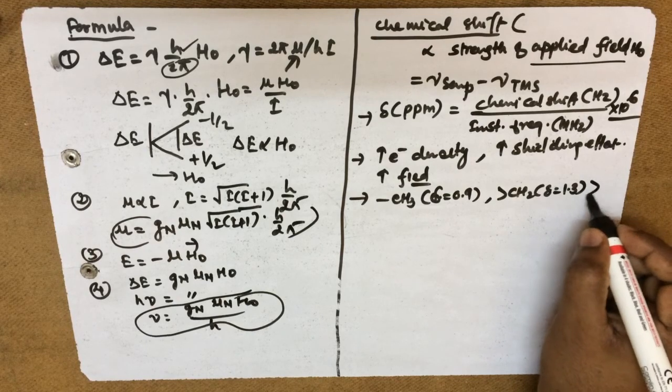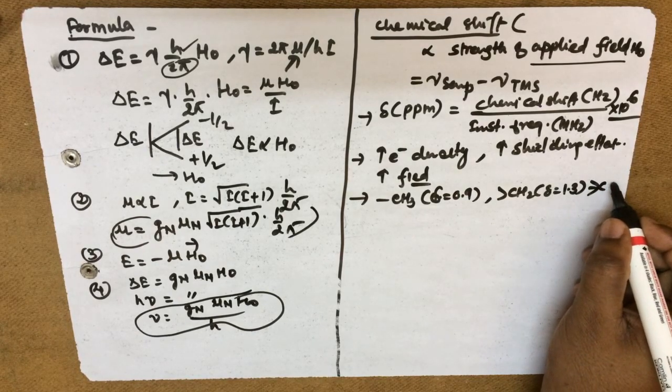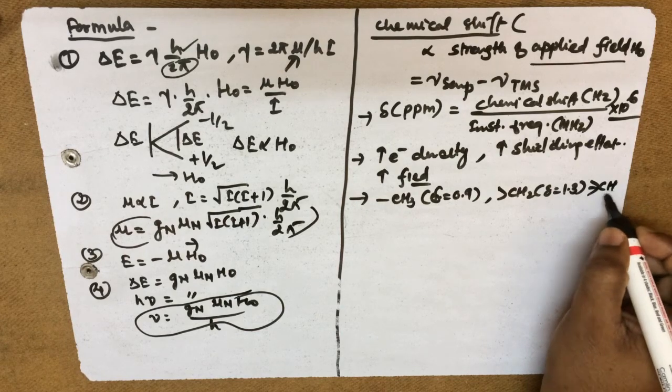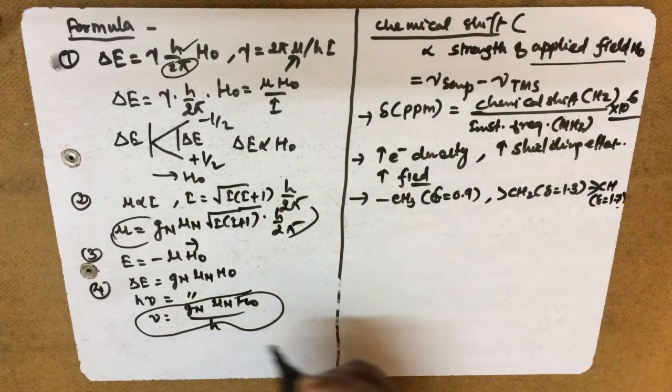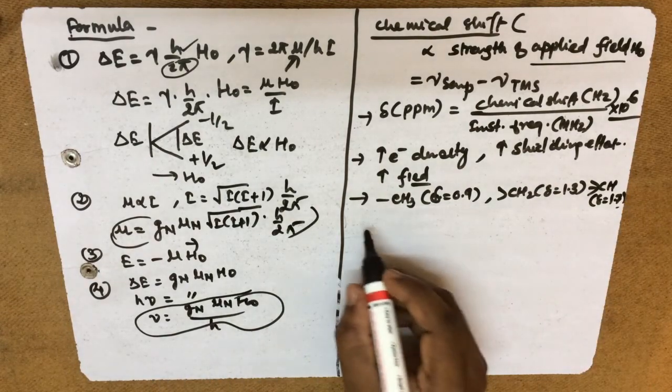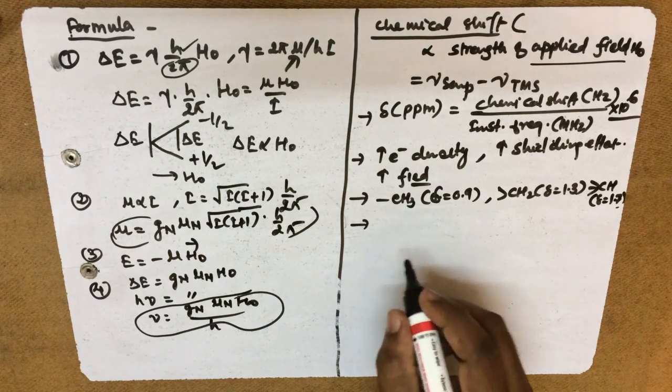Similarly for this CH, the chemical shift is 1.7. So here basically we can write other points.